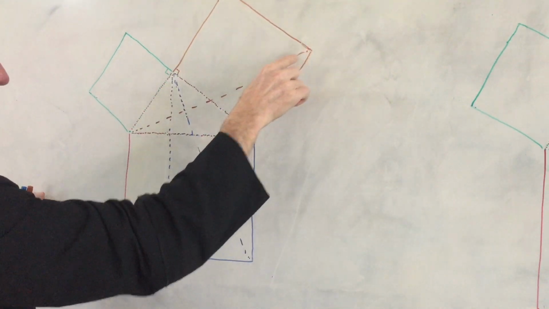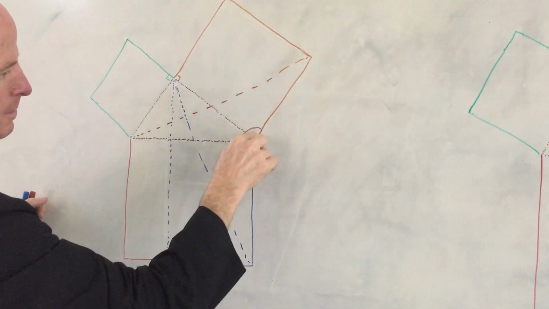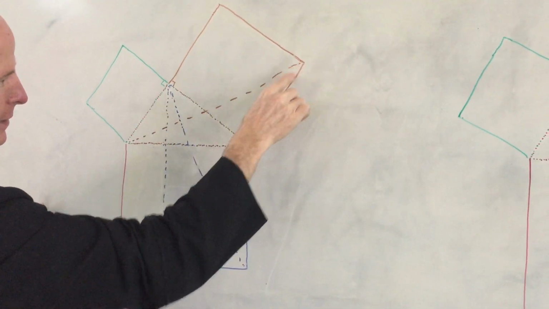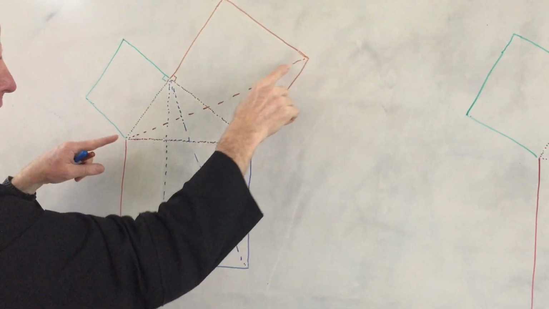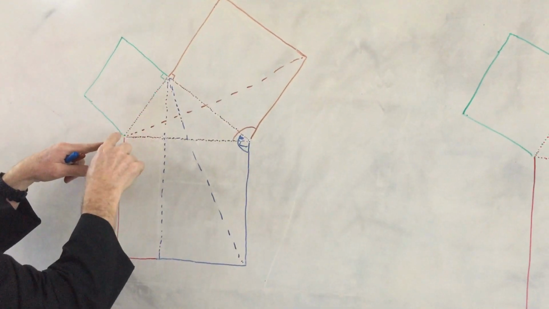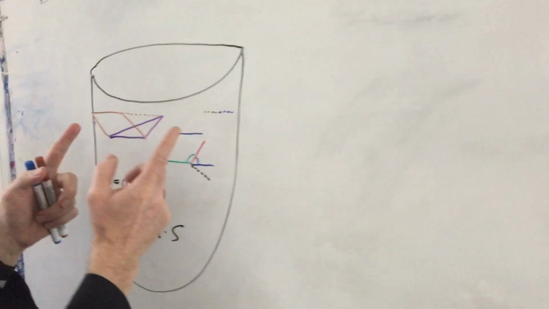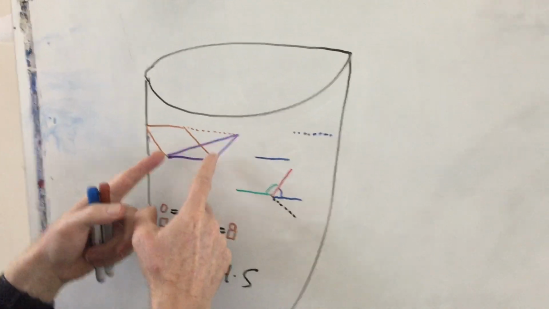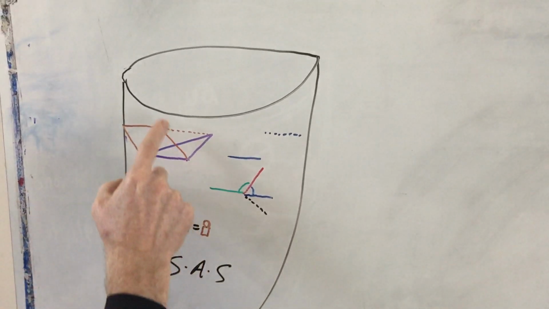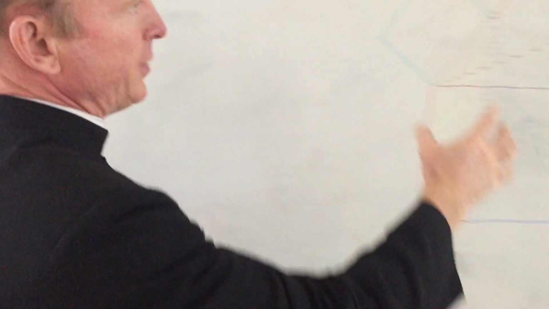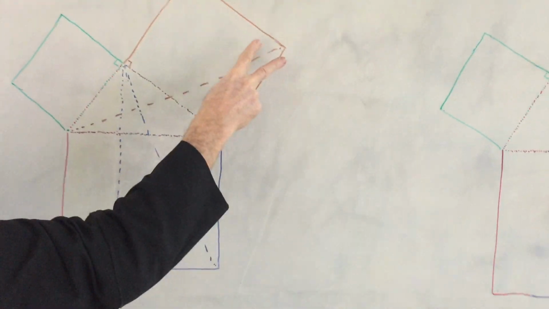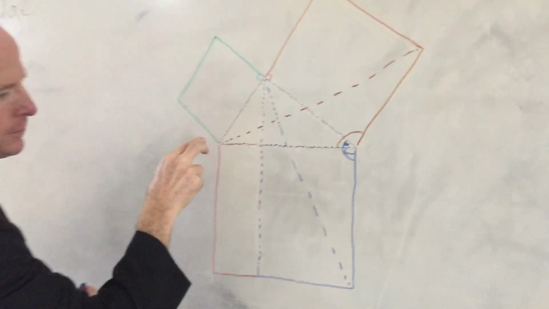But look, this triangle is on this base as this parallelogram is on the same base. And they're in the same parallels. And we know that parallelograms, in this case a square, on the same base with a triangle and in the same parallels are double it. So this square is double this triangle.